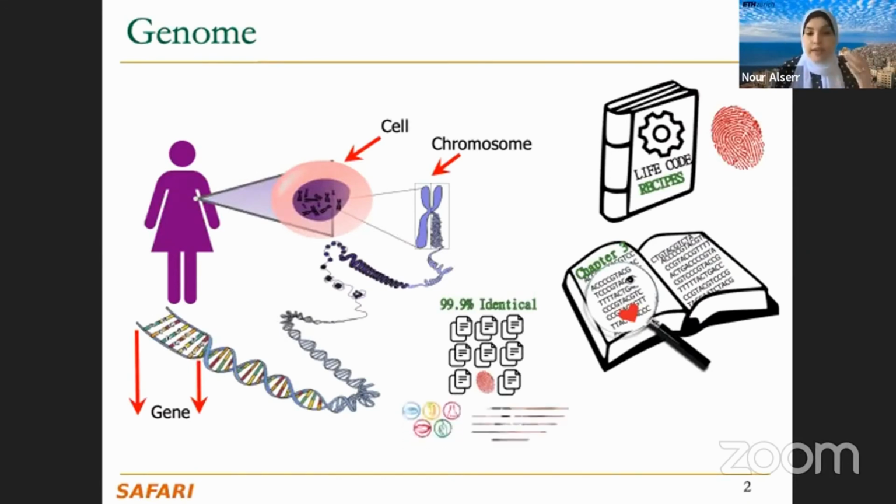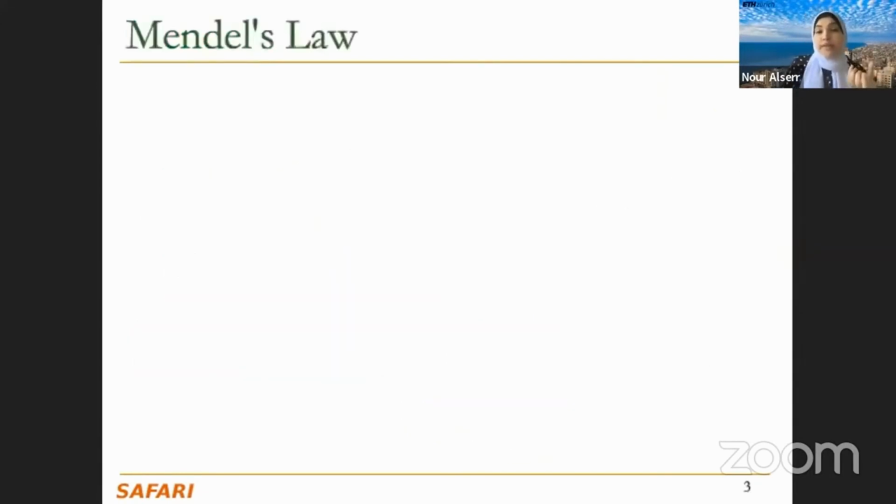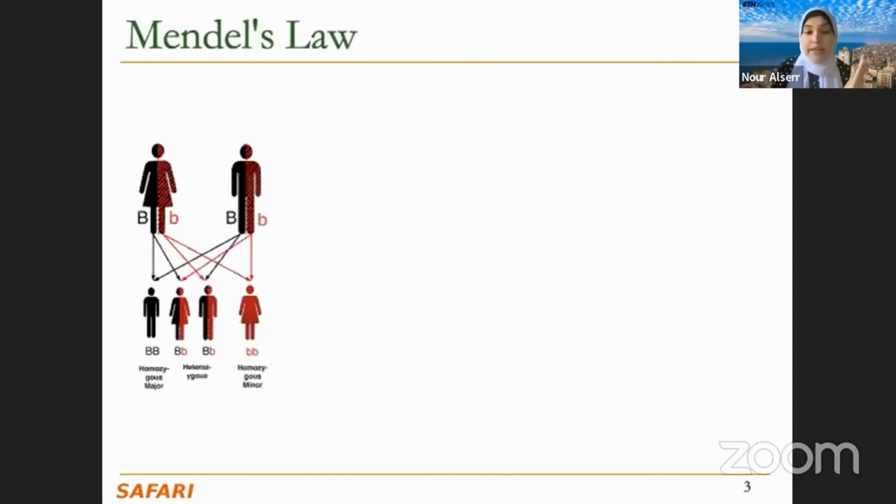Unique in the color of eyes, unique in height, also unique in response to medication, unique in predisposition to disease, and so on. So where are you getting this genomic data from? Mainly you are inheriting this genomic data, of course, from your father and mother. 50% you are getting from your father and 50% from your mother.